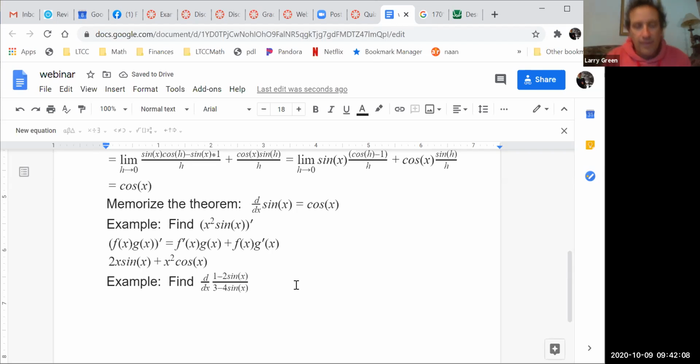Let's see if you can work that one out. So 1 minus 2 sine of x over 3 minus 4 sine of x. And again, if you don't remember what happened Monday, it's pretty much over for you.